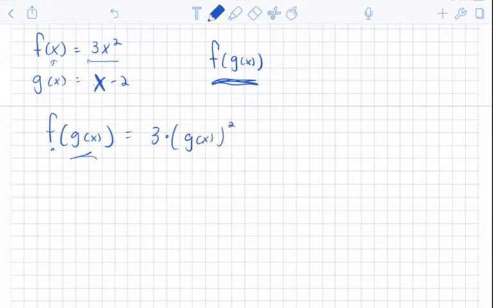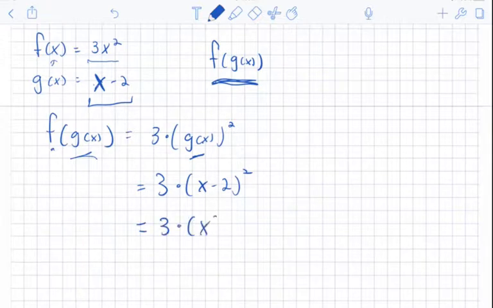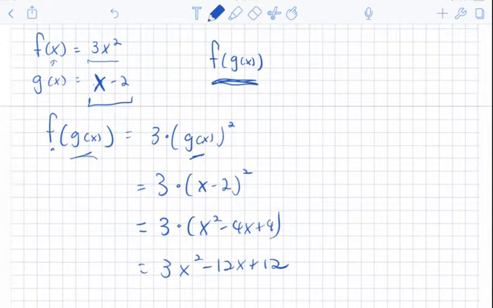And then I'm going to replace the g expression with the actual algebraic expression. And now I'm going to expand. Got it? All right.